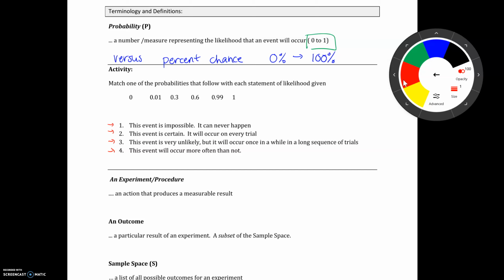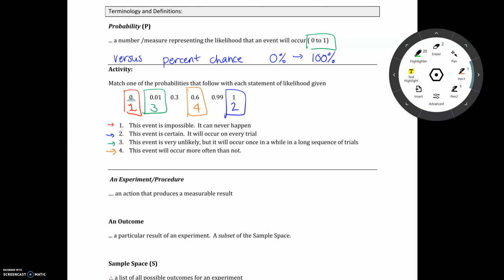So 2 probability values won't have an event matched to them. Pause the video, try and figure that out. What is the probability that an event is impossible? What about an event that is certain, unlikely, and occurs more often than not? Then you can resume your video and check your answers.